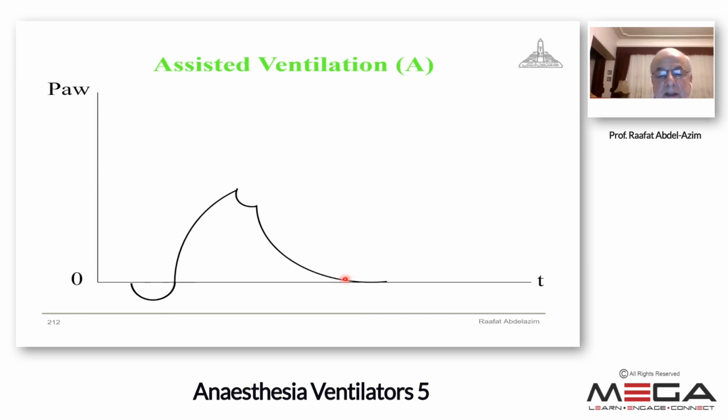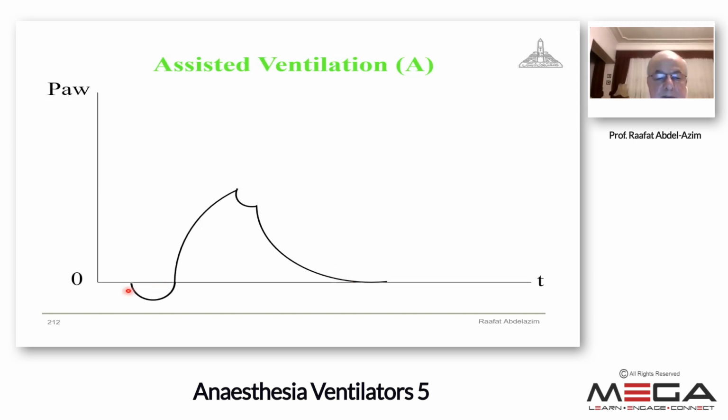This is exactly like when the patient is spontaneously breathing and we're not using the ventilator, but the reservoir bag and the APL valve, and I put my hand on the reservoir bag, sensing the patient's effort. If the patient starts to breathe, the bag will be partially collapsed, and I will augment this by squeezing the bag more.